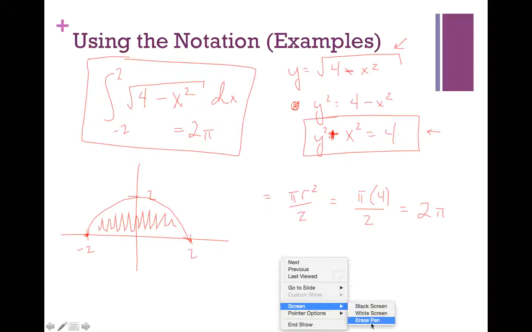What else might we need to know here? Let's try one that goes like this. Let's go from negative 4 to 2 of that 2x function again. Going from negative 4 to 2 means I have to deal with some negative area.